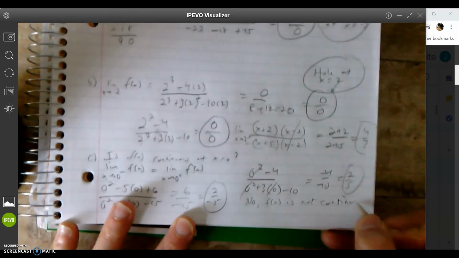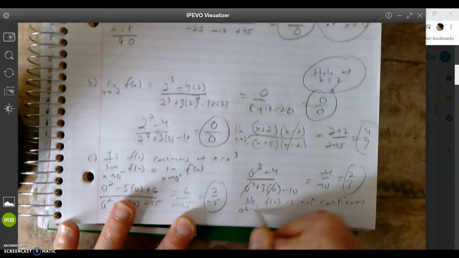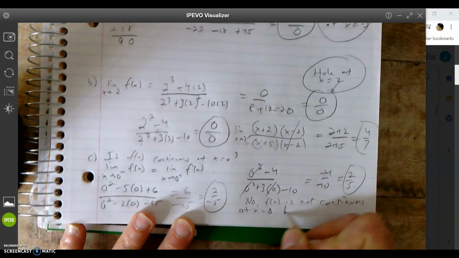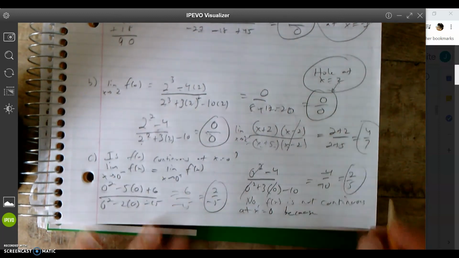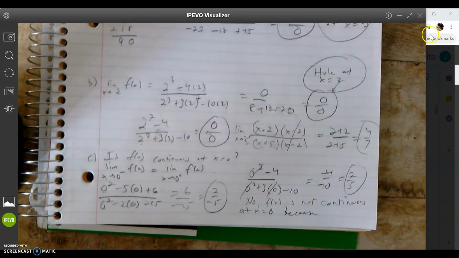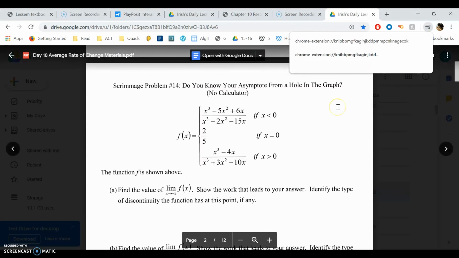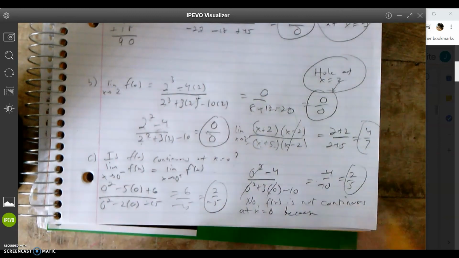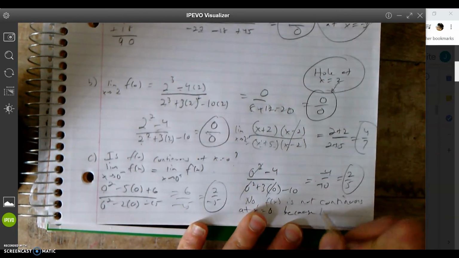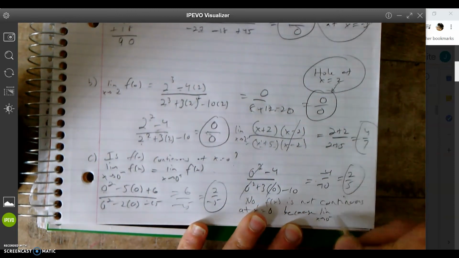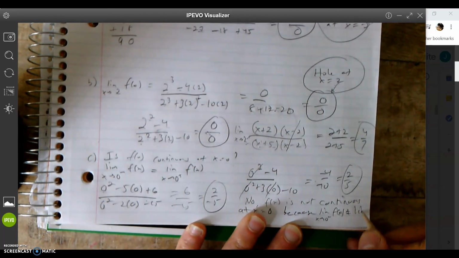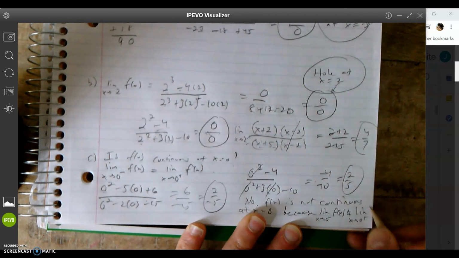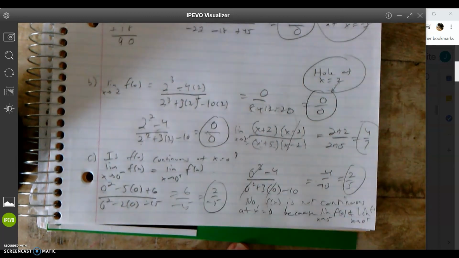You always have to write this concluding statement at x equals 0 because the limit as x approaches 0 from the left of f of x does not equal the limit as x approaches 0 from the right of f of x.